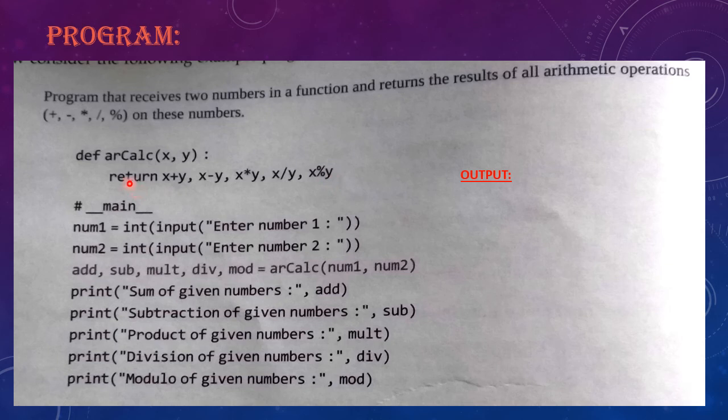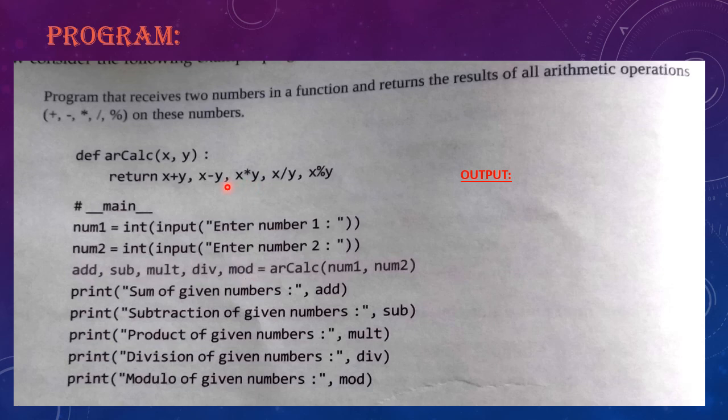So here this return statement returns multiple values in the form of expressions. When it returns the values to the calling function, separate add, sub, multi, div, mod variables are available to receive the values.